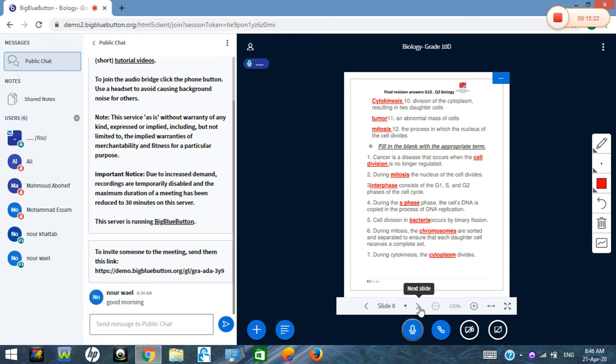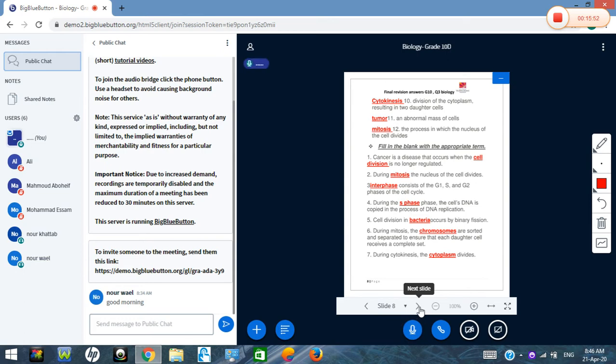The process in which the nucleus of the cell divides is mitosis. Mitosis is the division of the nucleus of the cell. So prokaryotic cells don't make mitosis. Why?